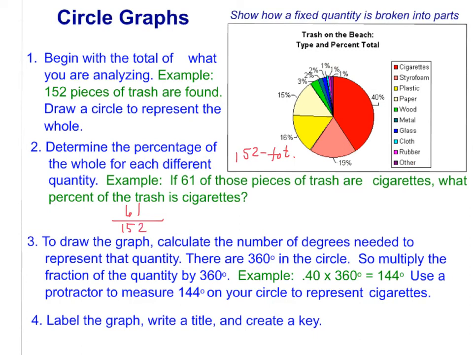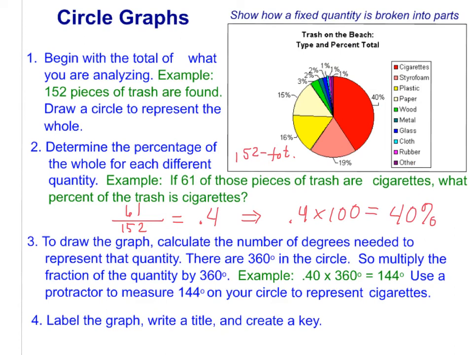I know that 61 divided by 152, when I punch that into the calculator, is 0.4. I can convert that into a percentage by saying 0.4 times 100. That's going to give me 40%. So I know that 40% of the trash was due to cigarettes.